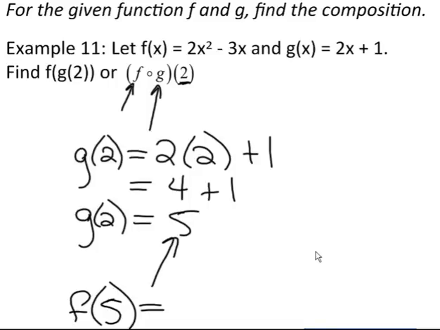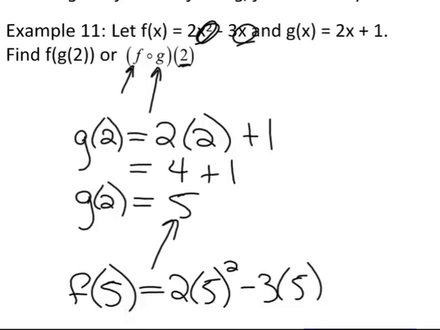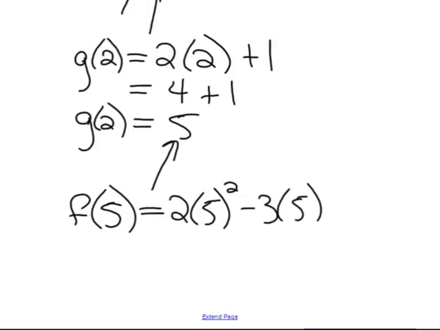So we have 2, and we're going to replace the x value with 5. So 5, and that is squared, minus 3 times 5. Anywhere there's an x, you're going to replace it with 5. Now remember, with order of operations, we do exponents first, or after parentheses, but these are multiplication parentheses, not grouping parentheses.